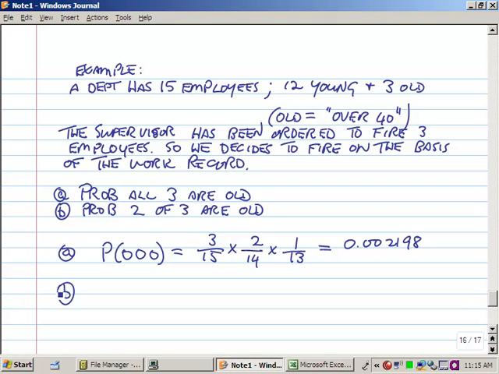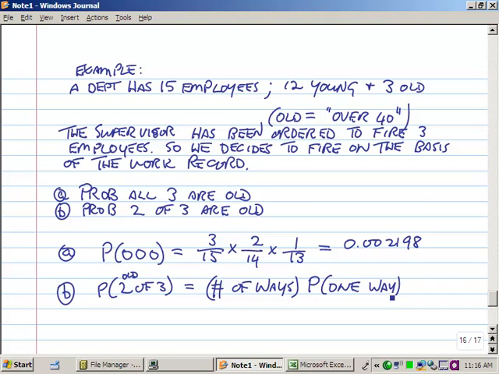Alright, second one is the probability of 2 of the 3 are old. Okay, so 2 old out of 3. Now we have to worry about number of ways times the probability of one way. How many ways are there?